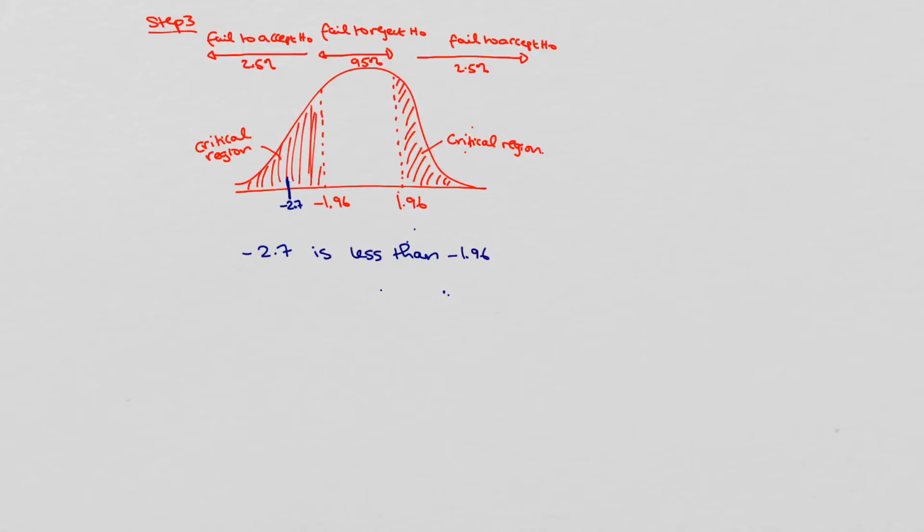Therefore we draw our conclusion in step 4, and we say we fail to accept our null hypothesis as minus 2.7 lies in the critical region.